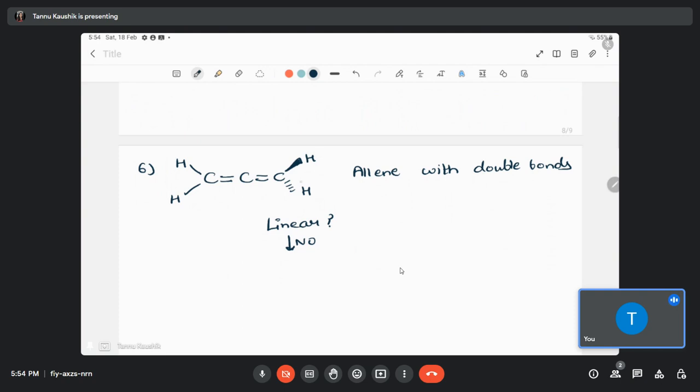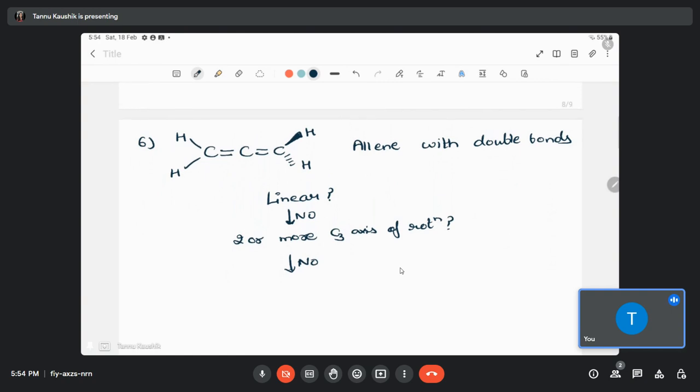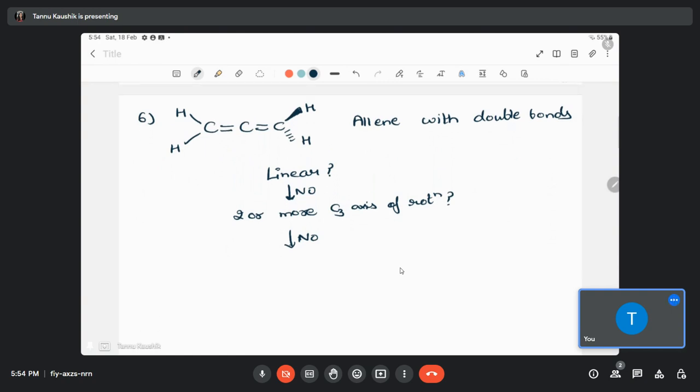These two protons are out of plane. So do we have two or more C3 axis of rotation? No, we don't have any C3 axis of rotation here. Do we have a proper axis of rotation in this molecule? Yes, we have a C2 axis of rotation.